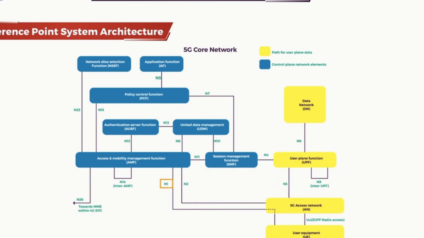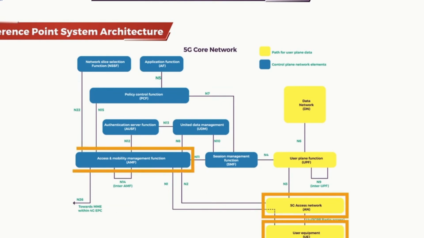N1 is the reference point between the UE and the access and mobility management function. This reference point is typically shown as a direct logical connection between the UE and AMF. The figure shows the connection passing through the 5G access network to highlight that all signaling between the UE and AMF is transferred through the access network.